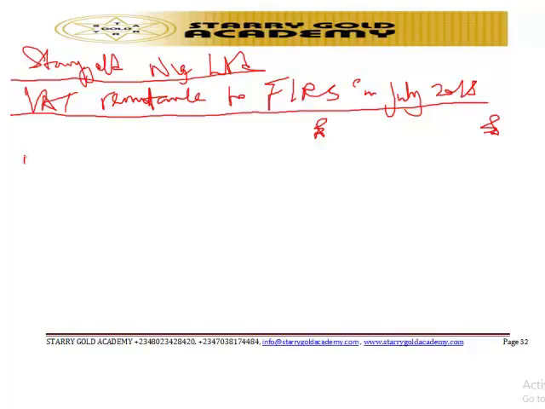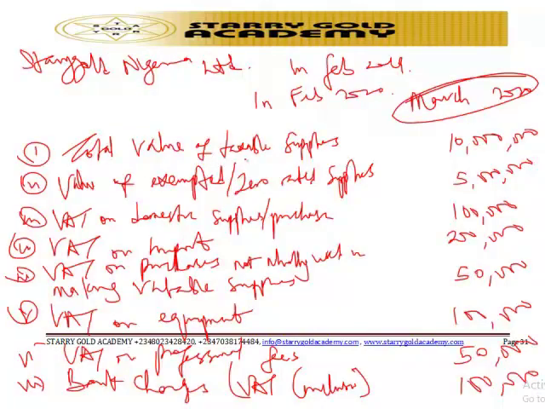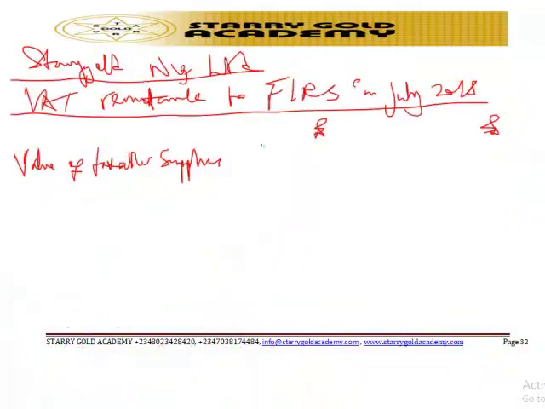So we have a value of taxable supplies, including exempted and zero rated supplies, which is 10 million naira.